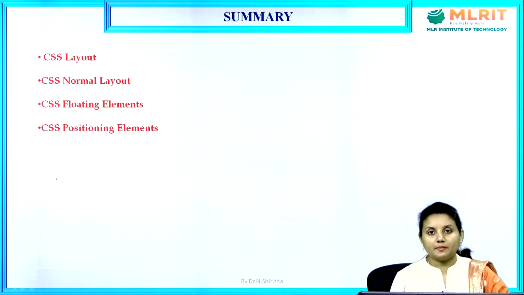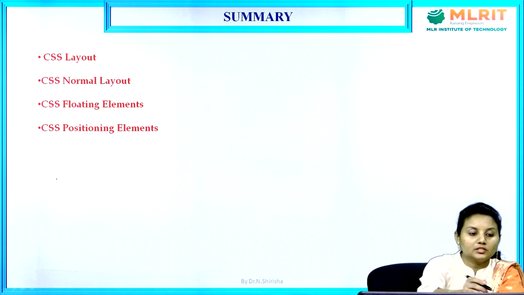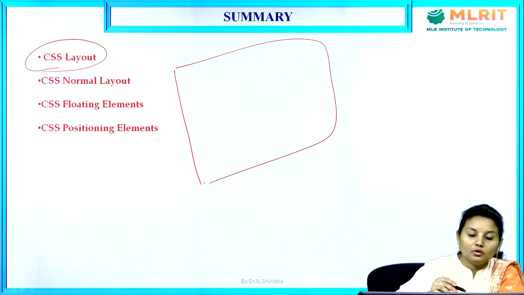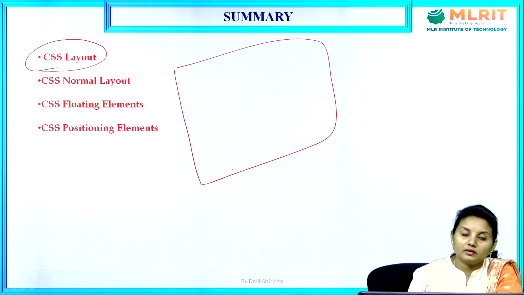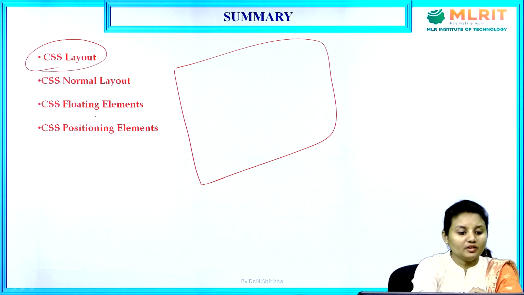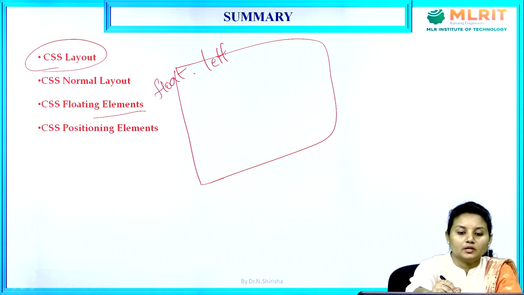So, the summary of today's session is, we have discussed what a CSS layout is: a complete window with different elements. The normal layout, where you write a normal HTML program. I have shown you an example of a list. Floating elements, where you have float colon either left, right, none, or inherit.